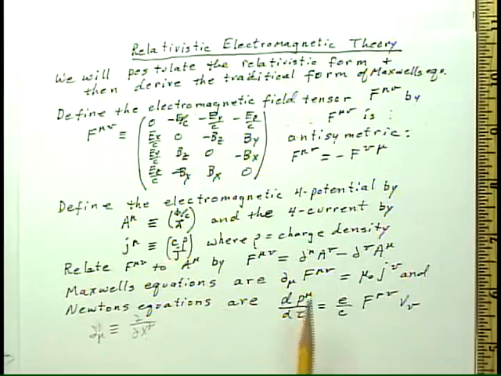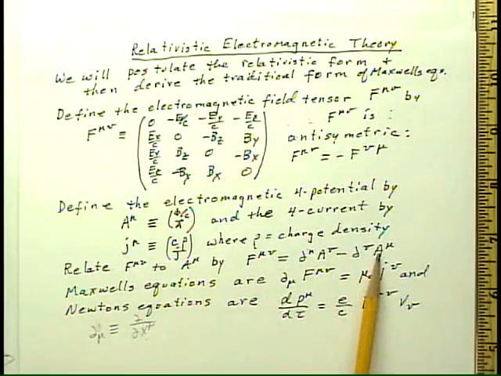Now this is a beautiful expression when you stop and think about it, that if the electromagnetic field can be written in this form, then these equations right here give us all of Maxwell's equations. And that is a very succinct form.